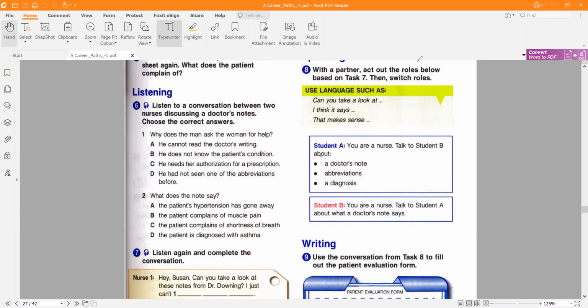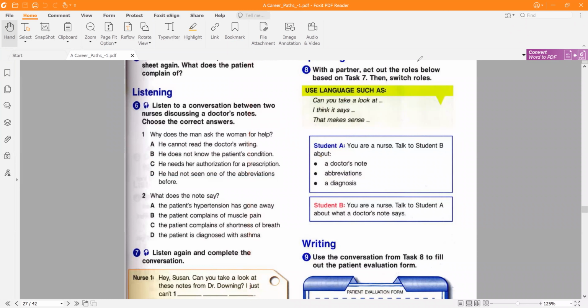We have to answer the following questions. Number one, why does the man ask the woman for help? He cannot read the doctor's writing. He doesn't know the patient. He doesn't know the patient's condition. He needs her authorization for a prescription. He hadn't seen one of the abbreviations before.